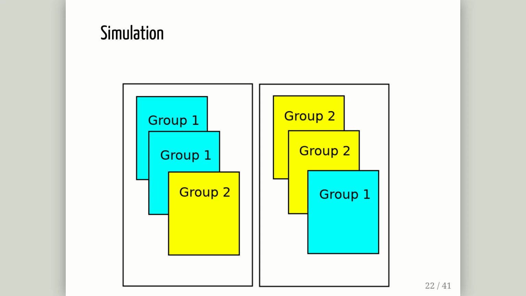So in each simulation, we are simulating an entire experiment, an entire set of values. Each time we're assigning new groups to the outcome values that we actually observed.